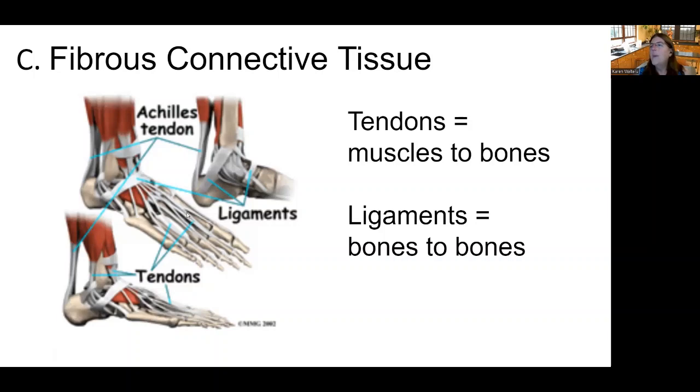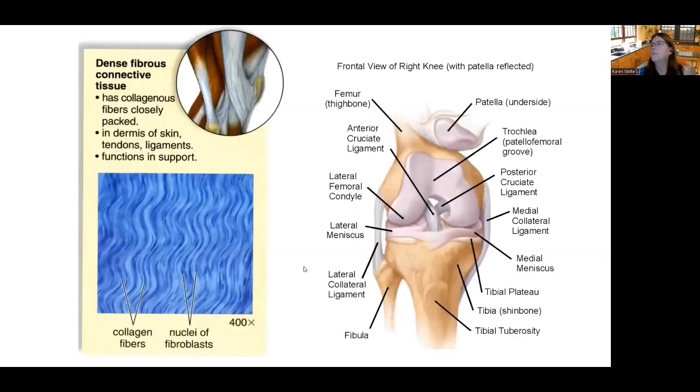But then bone is connected to bone with similar fibrous connective tissue, but that's a ligament. So you definitely in this class want to remember the difference between tendons and ligaments. Tendon is muscle to bone, ligament bone to bone. Similar in construction, but different in function.